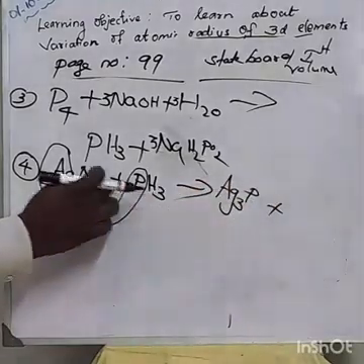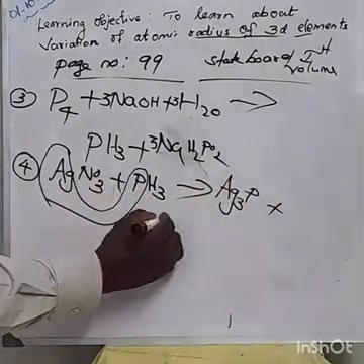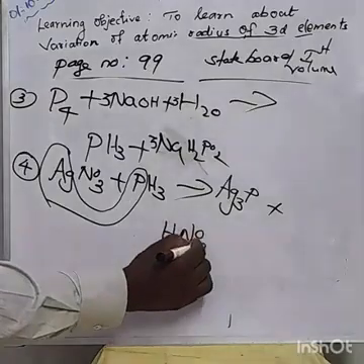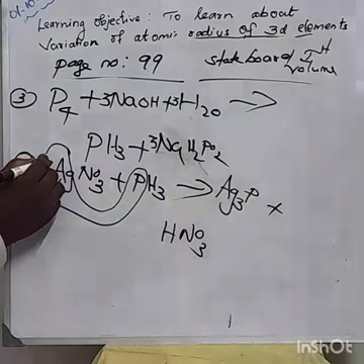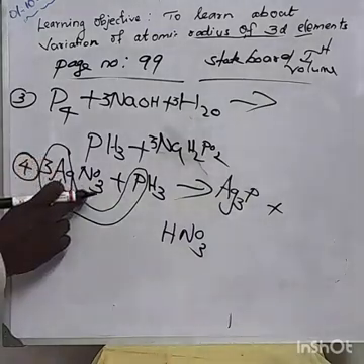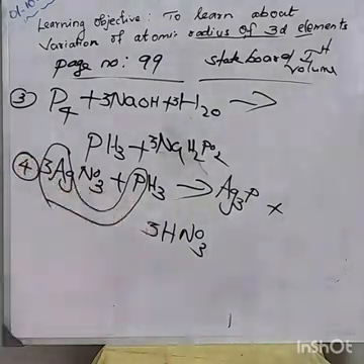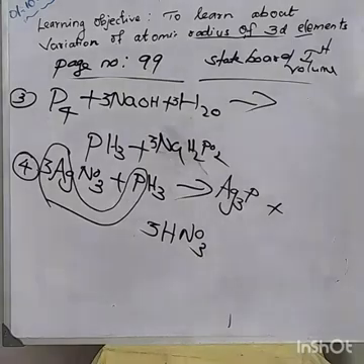Plus hydrogen combines with the nitrate to form HNO3. How much silver is there? 3 silver. So make it 3 here. How much nitrate is there? 3. So make it 3 here. Now the equation is balanced. Next, the fifth one.